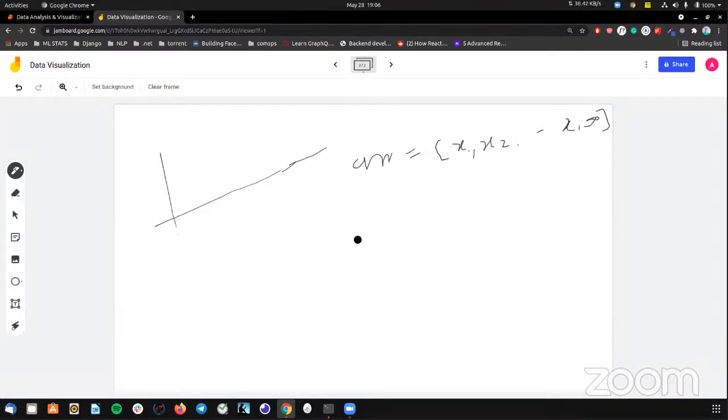What will be the median value of this array? The median value of this array will be x50, right? So this x50 is nothing but the 50th percentile.